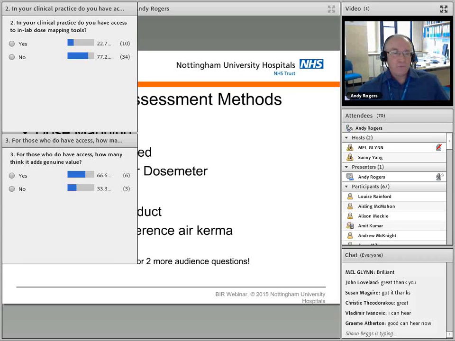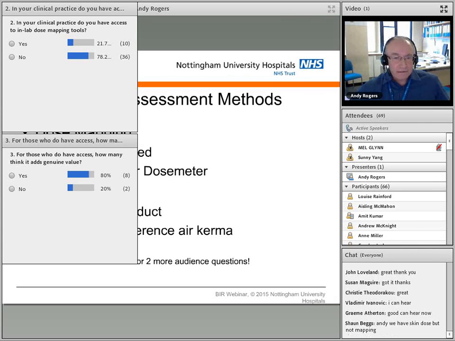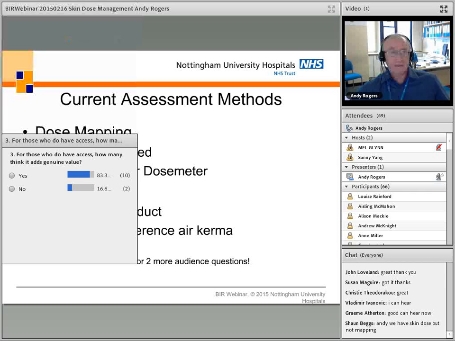And then if we talk about the haves, out of those 10, most seem to think it does add genuine value. I'm a have-not, so I'm not going to click the bottom one. Okay, so what we're seeing is a picture where most people haven't got it, and those that have think it's a good thing. I think that's worth bearing in mind. So thanks, Sunny. I think let's end polls now and move on.